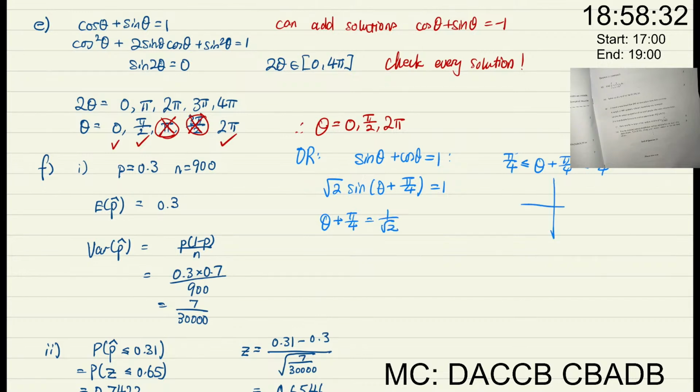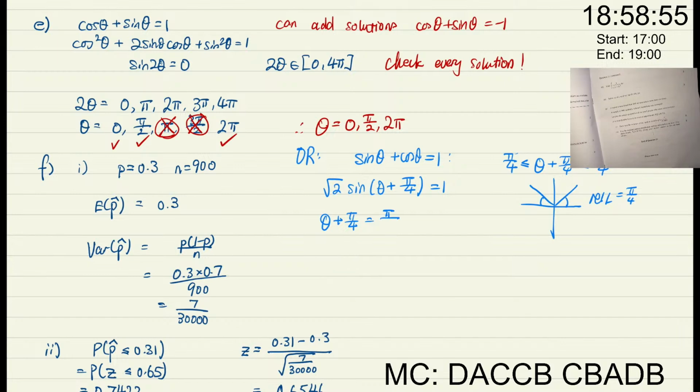So we have a related angle of pi on 4, and the locations for 1 over root 2 are here and here. This is probably the safer way of doing these questions because you're not unnecessarily introducing extra solutions.